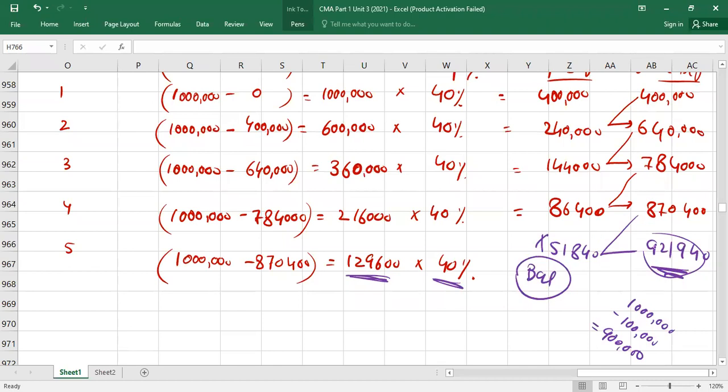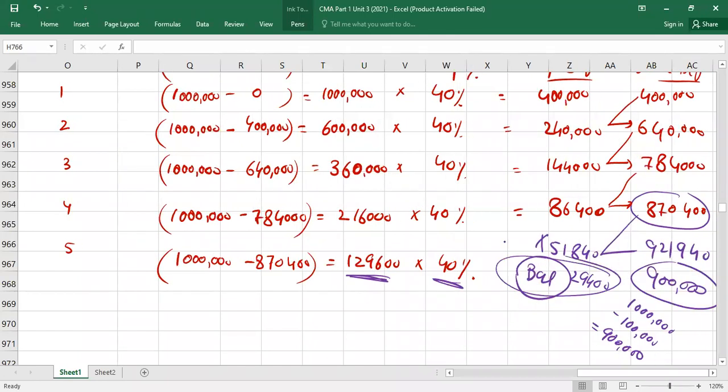Look, I'm removing these values now. Because my previous accumulated depreciation is 870,400, the balance will be 29,600. This is what I want. It means in the last year I can calculate only depreciation of 29,600, not 51,840. Understood? How did you get the balance?